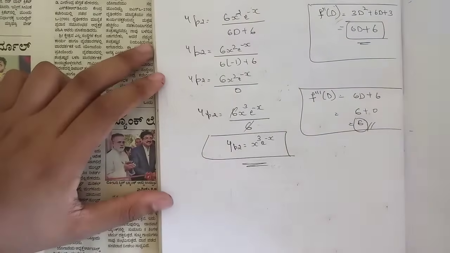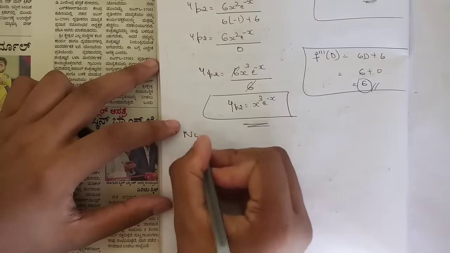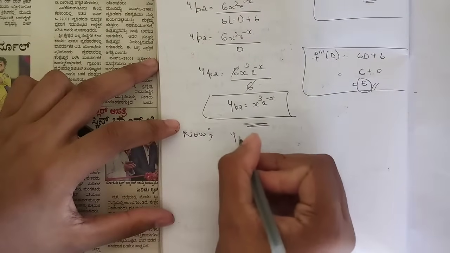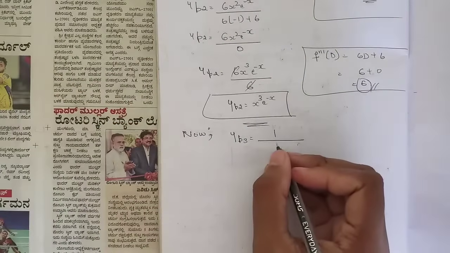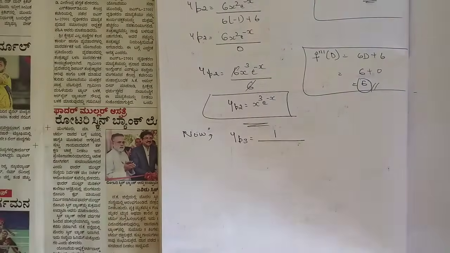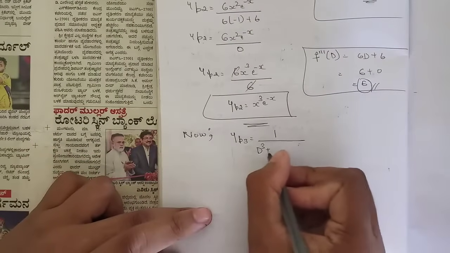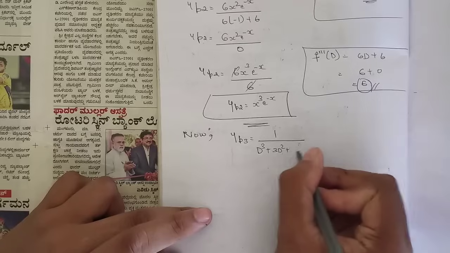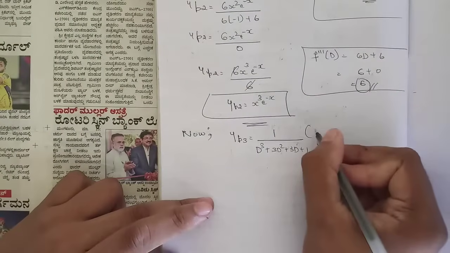See, like this we need to solve this problem. So now the problem is not done yet. We need to find yp3 now. That is 1 by f(D) which is D^3 + 3D^2 + 3D + 1, into 7, right?